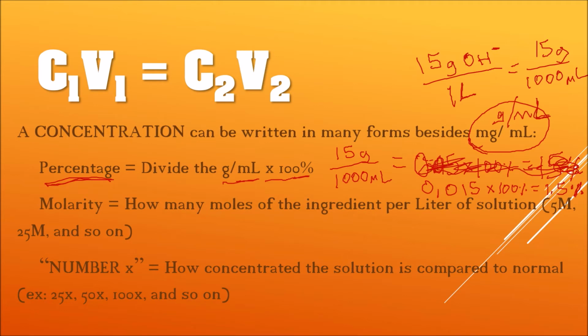All right. Now, another way to write concentration is the ingredient's molarity in the stock solution. And molarity doesn't change with the amount of stock that you use. It's always that same molarity. A molarity is how many moles of the ingredient per liter of solution. So if you have a 5 molarity, that means 5 moles every liter.